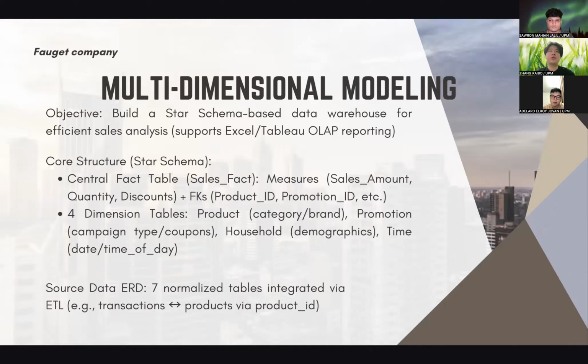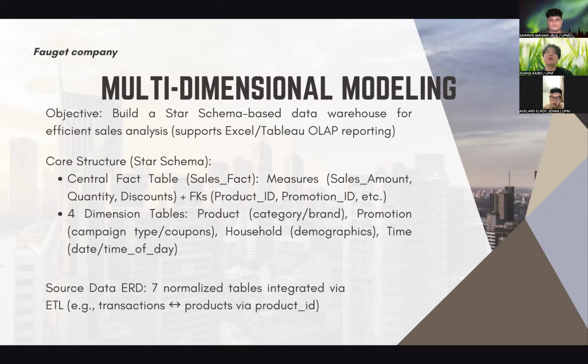Okay, now let's talk about task 2, which is multi-dimensional modeling. The goal here is to build a star schema and data warehouse. This helps analyze sales quickly. In the structure, we have one main table that holds sales numbers and discounts. It connects to 4 other tables.